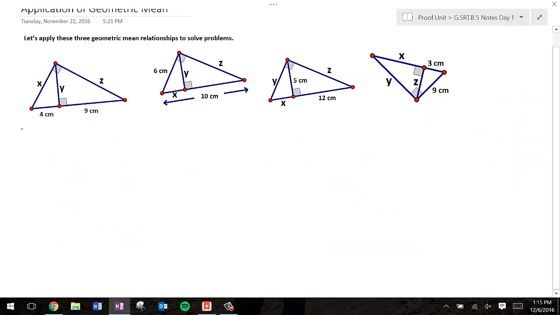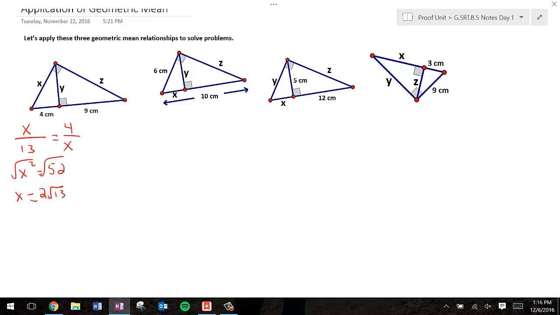So I've got hypotenuse x over hypotenuse, this whole thing, 13, equals short leg 4 over short leg x as my setup there. And when we cross multiply, we get x squared equals 52. Take my square root of both, and simplifying out, I get x equals 2 square root 13. Since these are distances, we do not need the negative value.